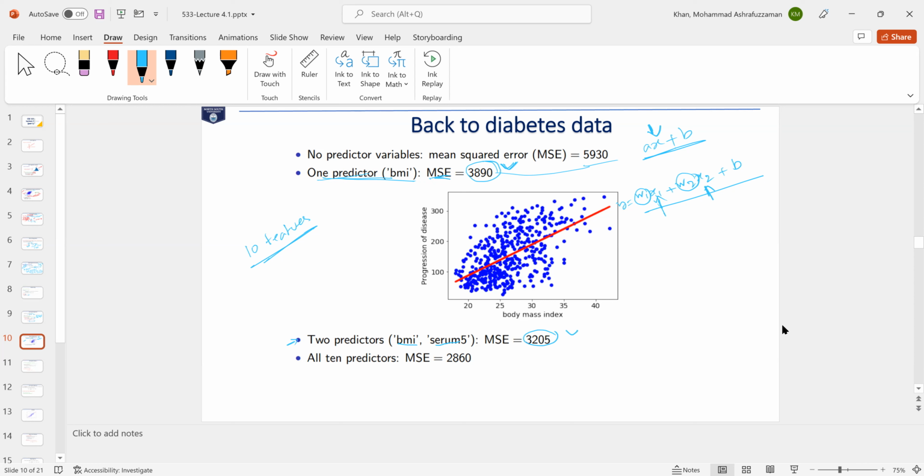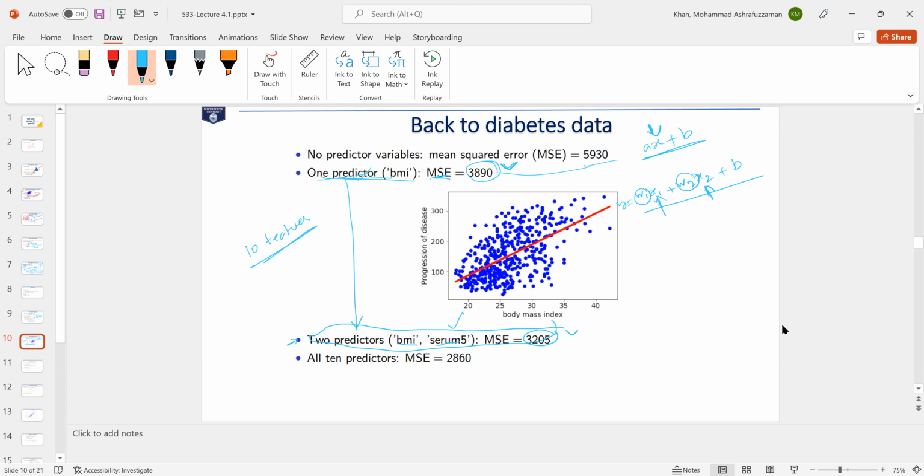Independently one number does not mean anything, but when you compare, we see that the mean squared error got reduced by using one more feature. So in that case this is a better model than this one.